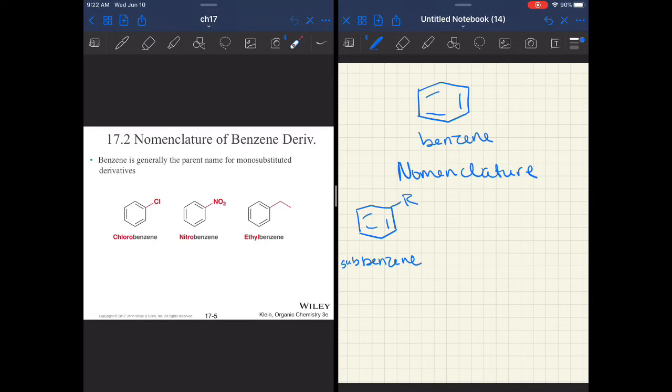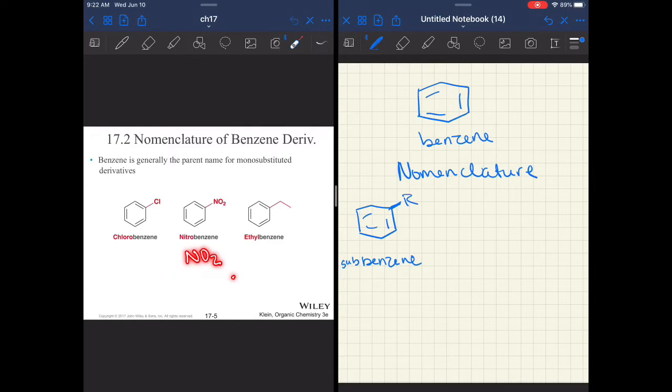And if it's monosubstituted, you don't have to say where it is. It's a ring. It's automatically wherever the R group is, carbon 1. So you don't have to put it. Some easy-to-name ones: halogens, you have halobenzene. The NO2 group.